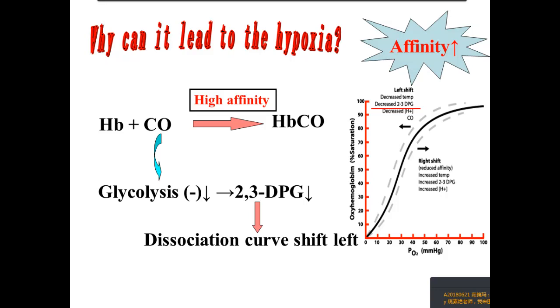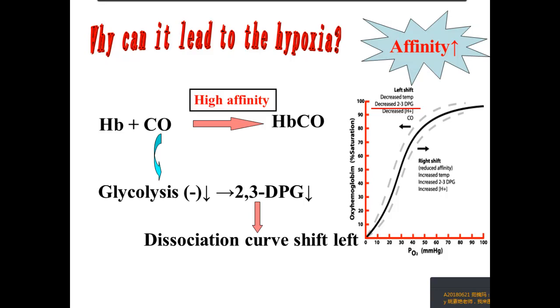The second, carbon monoxide can inhibit glycolysis and lead to 2,3-DPG decrease and the dissociation curve shifting left. The affinity of hemoglobin for oxygen increases.